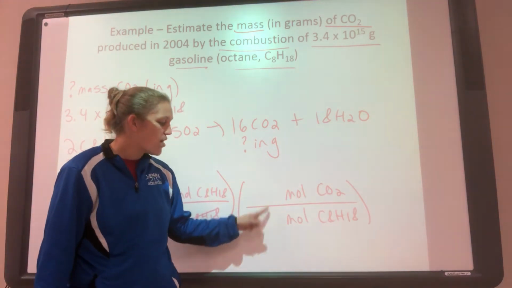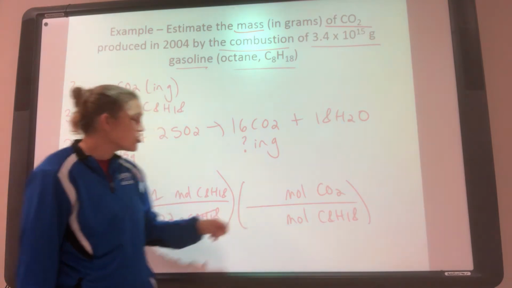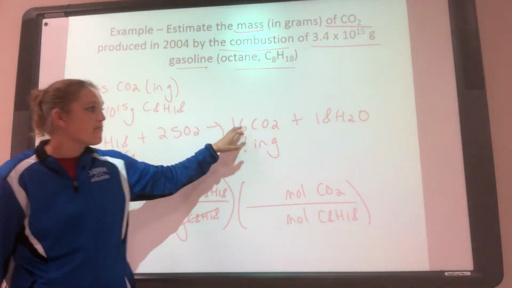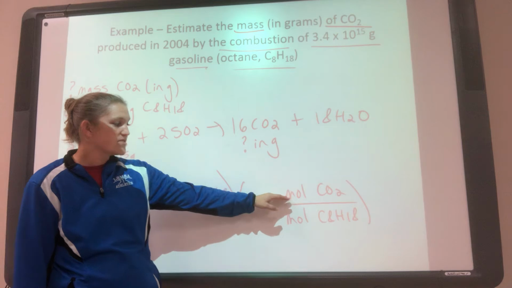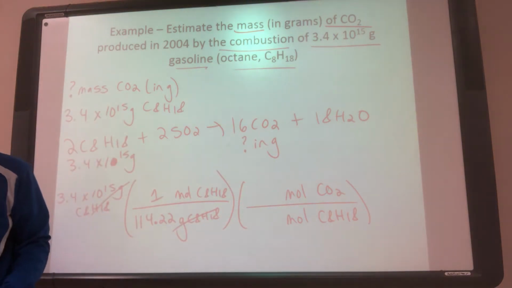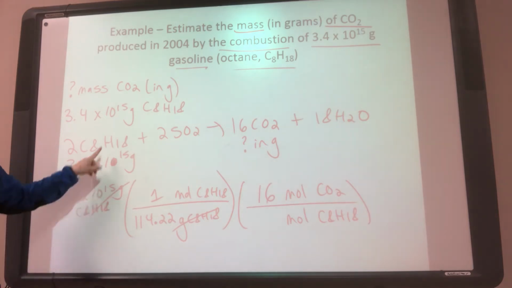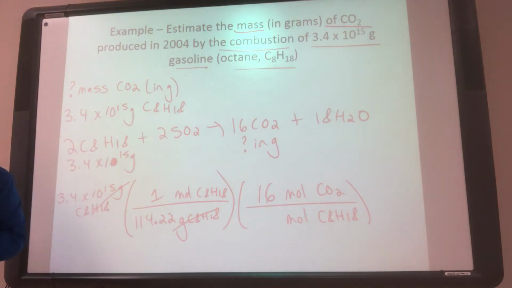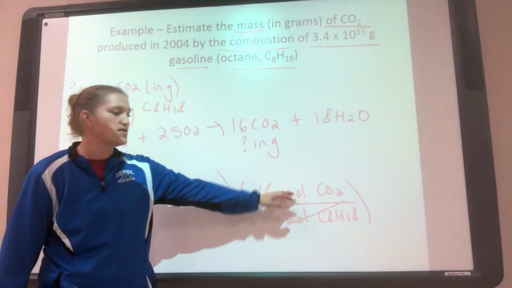What numbers do I put here? These are my coefficients from my balanced equation. On top is CO2, so if I find CO2, that coefficient goes in the first blank. Find octane, that coefficient goes in the bottom. So now I go from moles of my octane to moles of my CO2.